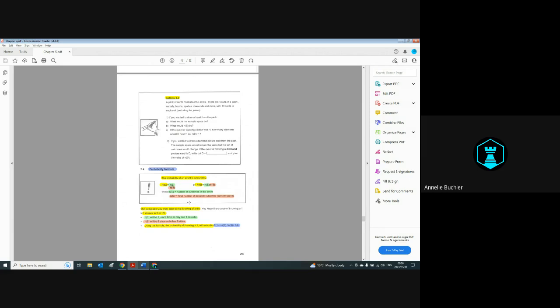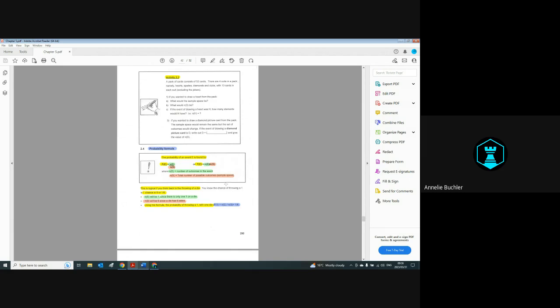Then the probability formula. I'm going to discuss this more clearly in my notes. The probability of an event E is found as follows: P(E) is the probability of the event, and N(E) is the number of outcomes in the event. So the probability of the event equals the number of outcomes of the event divided by the total number of possible outcomes, your sample space.